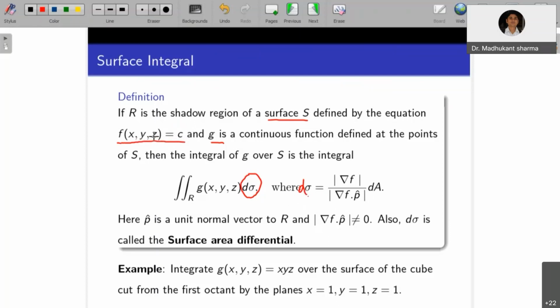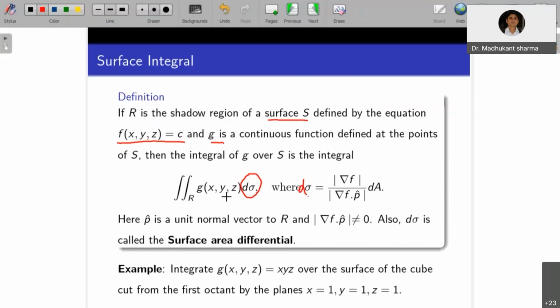It may be xy, yz, zx, or any other. Over that region you can find the proportionality constant. Here p cap is the unit normal to that shadow region. We have already seen all these things.